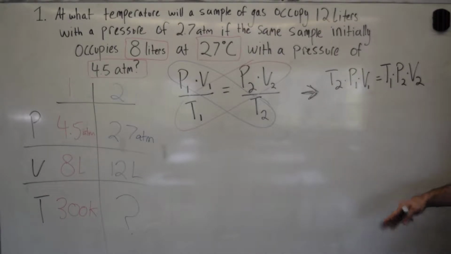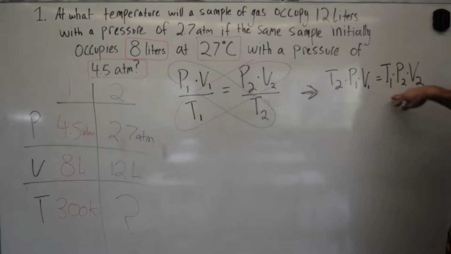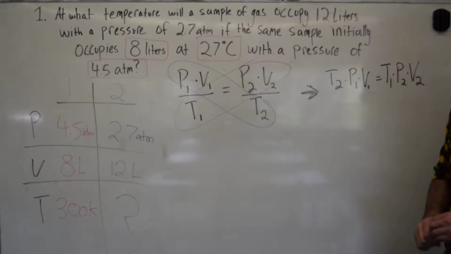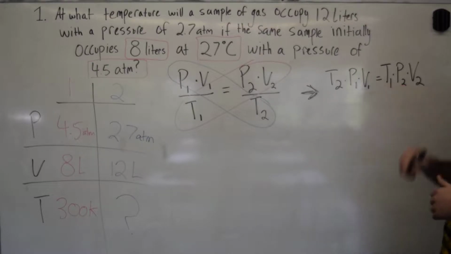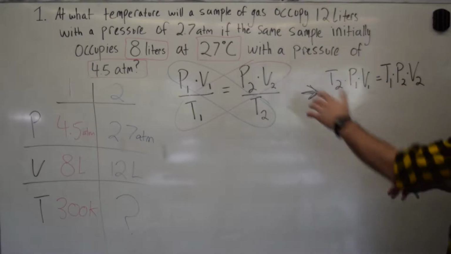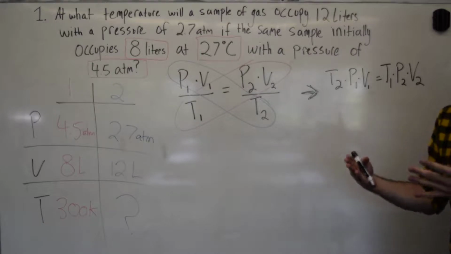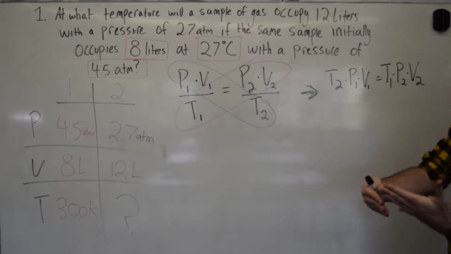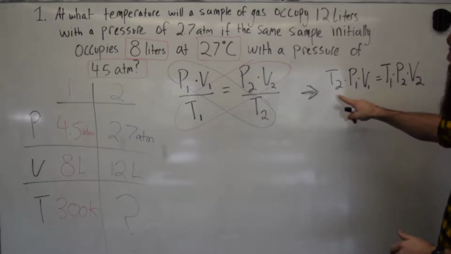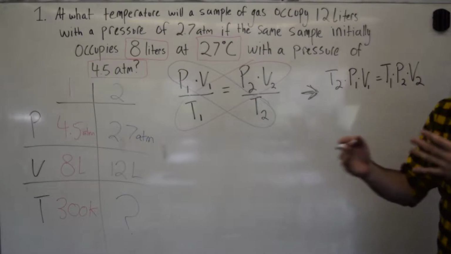We got T2 on top. We just need to get P1 and V1 over to the other side. Right now, these are all multiplied together. That means to get rid of it, we need to divide by the thing that we want to get rid of, right? And we need to divide both sides.